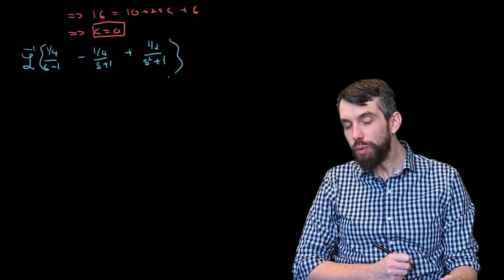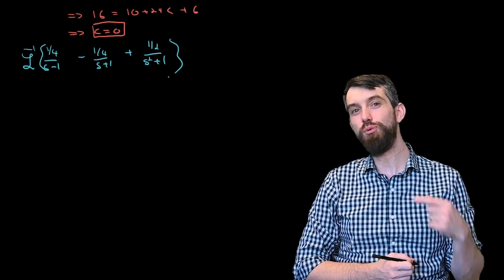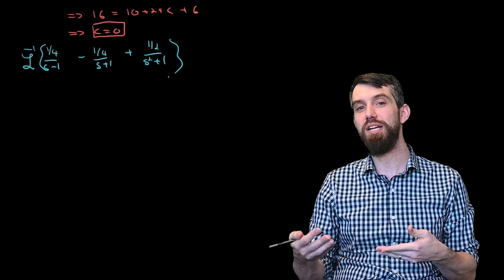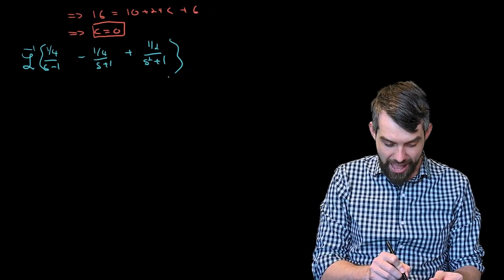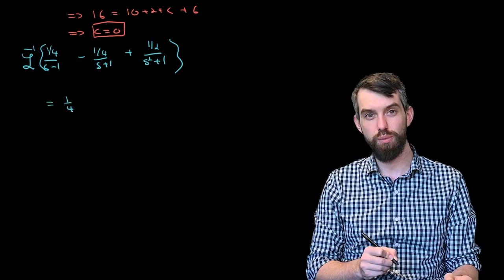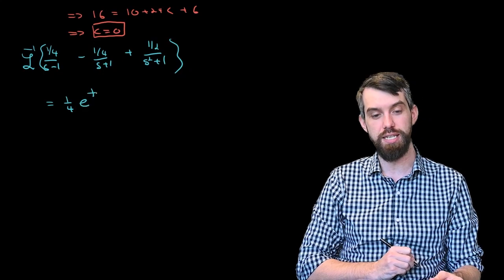Now I've finally written it in a reasonable way. What I mean by that is I have written this thing I want to compute the inverse Laplace transform of as a linear combination of things that I know the answer to. For 1/4 over s minus 1, the 1/4 comes out the front, and the inverse Laplace transform of 1 over s minus a is just e to the a t, so in this case, e to the t.